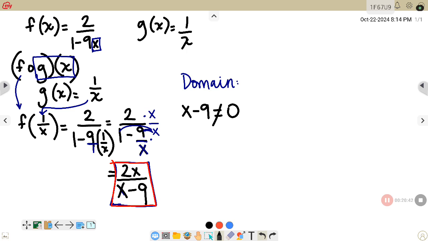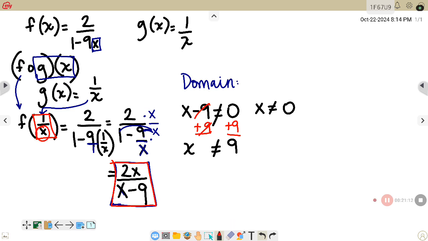To find what makes that happen, I will add the 9 to both sides. So this tells me that x cannot equal 9. And the other place that you look is what you plugged in to get that last answer, which is the 1 over x. Its denominator also can't equal 0, and its denominator is just that x. So x cannot equal 9, and x cannot equal 0.